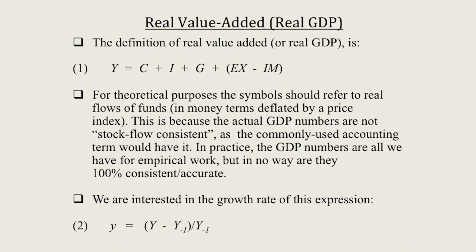So real value added, or real GDP, is just given by our usual GDP equals consumption spending, investment spending, government spending, plus net exports. Throughout this course we've been primarily interested in the growth rate of the expression, that is lowercase y, which is simply the growth rate of real GDP.